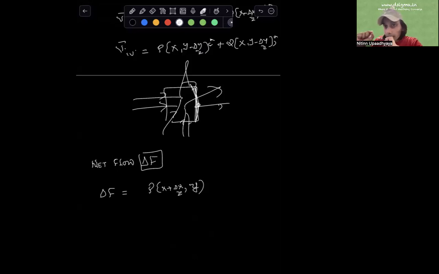This arrow was representative of the vector field which exists all along this segment. So the total flow across the segment is not just given by the vector field which exists at the midpoint, but it's this nearly constant field along this segment times the length of this entire segment, right?